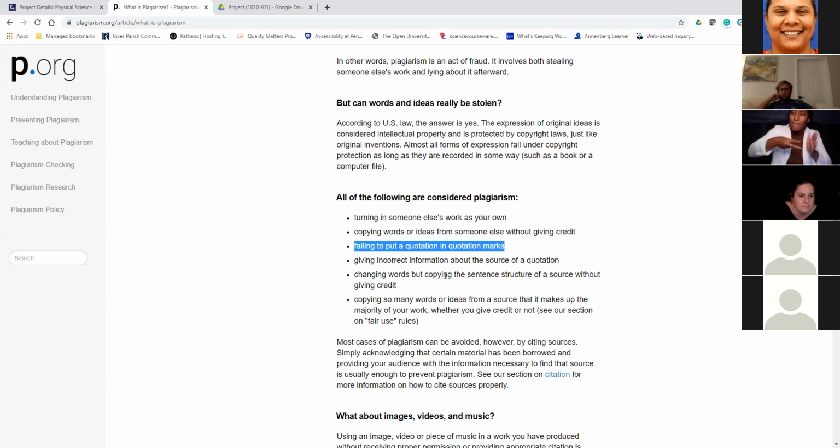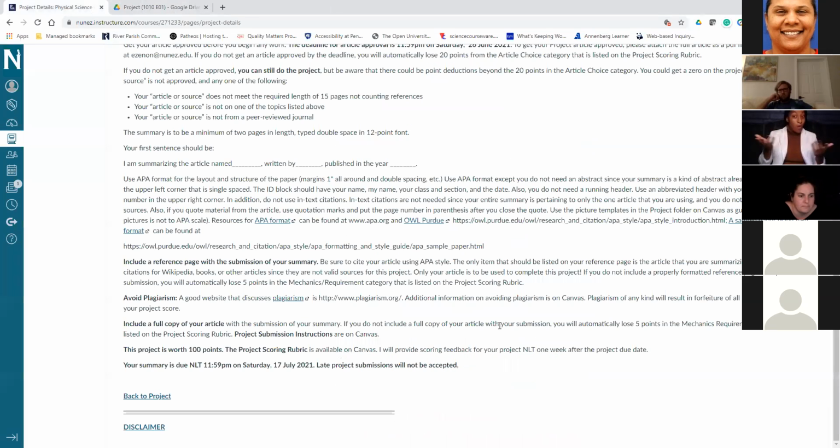Tell me in your own words, in as simple a form as possible, what the article is about. Okay, break it down for me. And then also don't forget, you're supposed to tell me how the article connects to our class, whether that's lecture or lab. If you're in lecture, tell me how the article connects to the things you're learning in lecture. If you're in lab, tell me how it connects to the things you're learning in lab, all right?